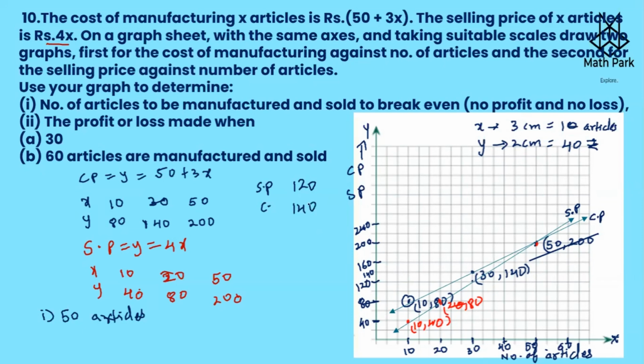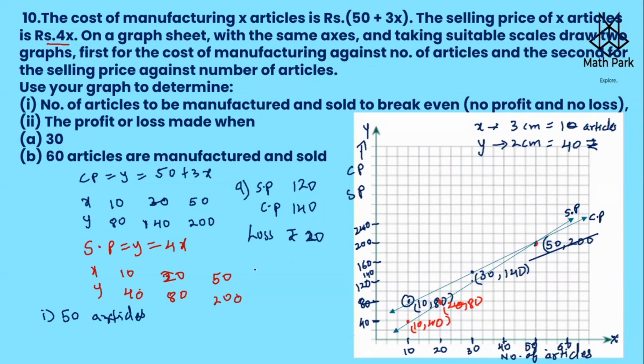As we can see, the cost price is more and the selling price is less, so we have a loss. So the loss is 140 minus 120, that is rupees 20 loss.